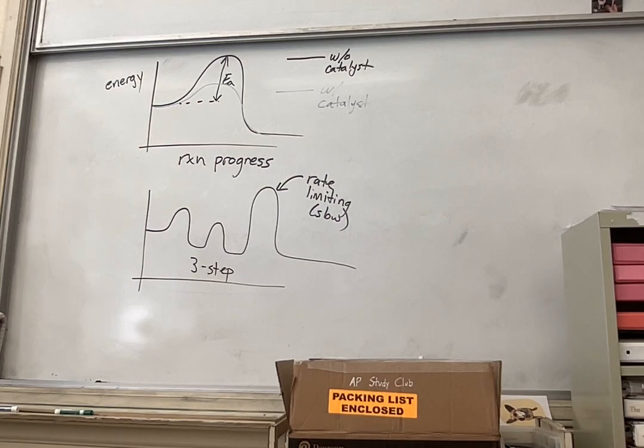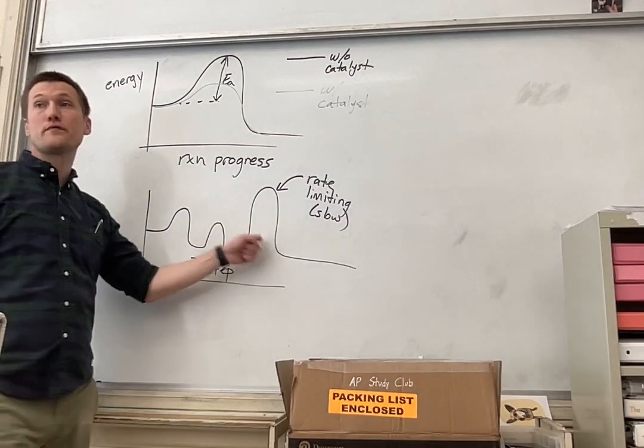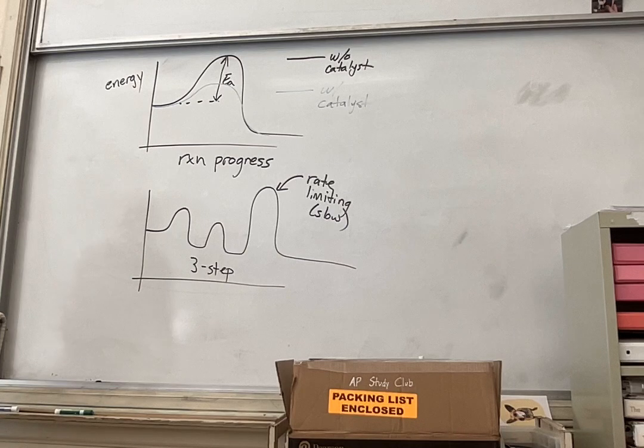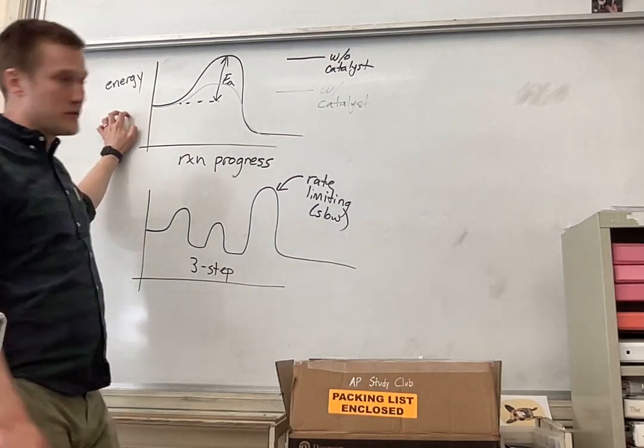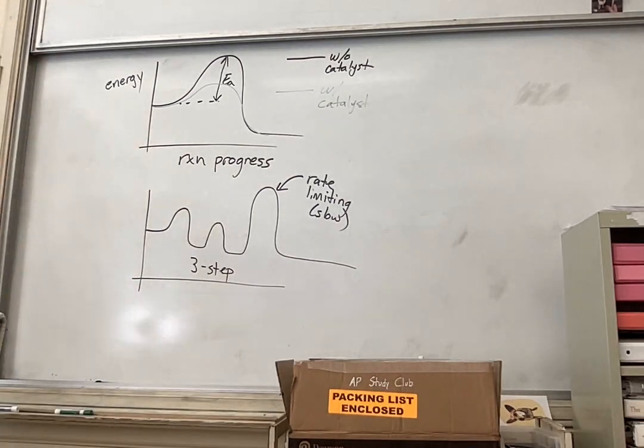In other words, the rate law for your reaction is going to be the rate for that step with the highest activation energy. These graphs usually are more asking you about delta H stuff, unit 6 stuff, which I'll talk about later.